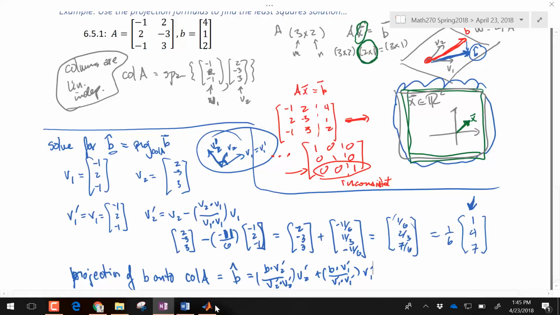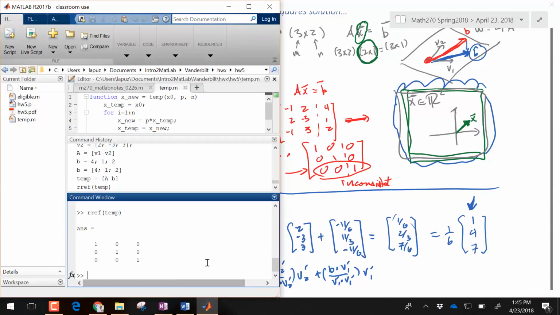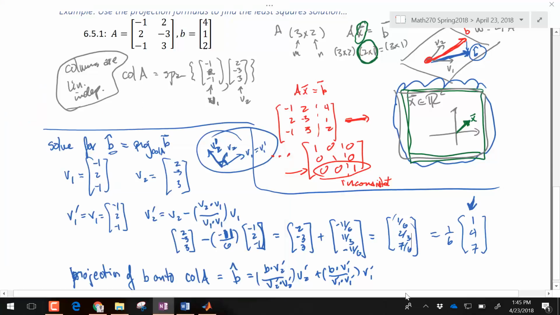All right. Well, I'm just going to go ahead and open this up again. So let's see if we did that correctly. We got, well, can we do this? This is B, 4, 1, 2, dotted with V1. So 4, 1, 2, that's -4 plus 2, -2 plus 2 minus 2, -4.